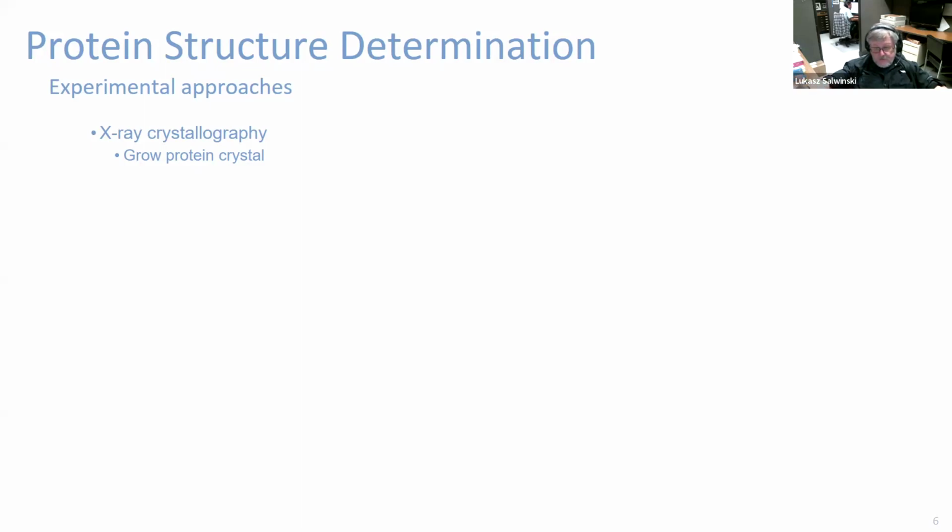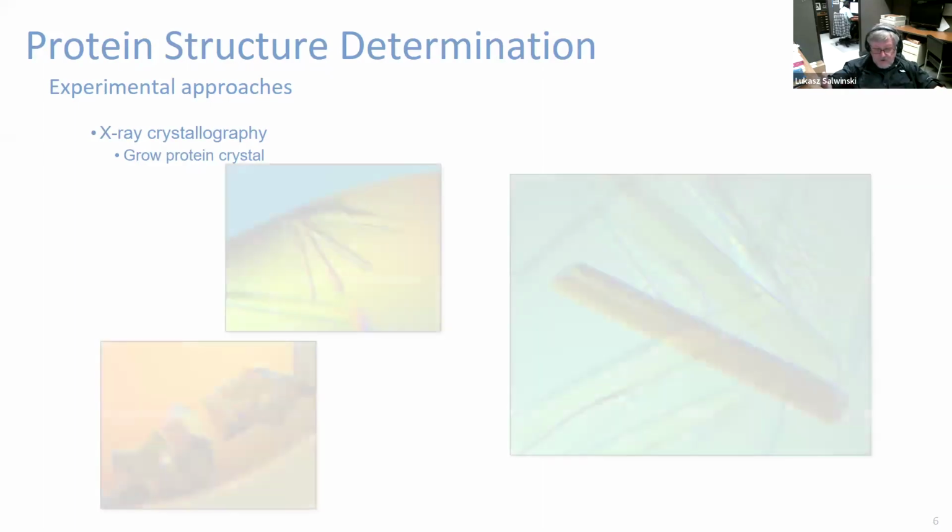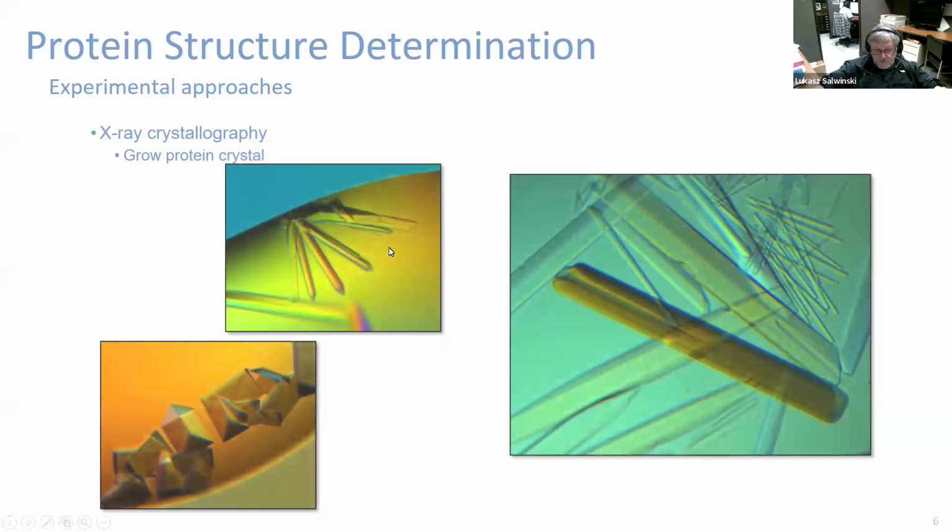You just take a protein, you purify it, and then you increase its concentration to the extent where it starts to fall out of solution and form protein crystals. And with a little bit of luck, you can end up with crystals that look like this. They can have different shapes, different forms.